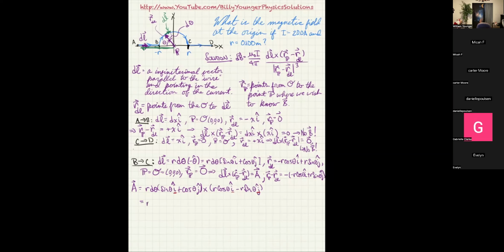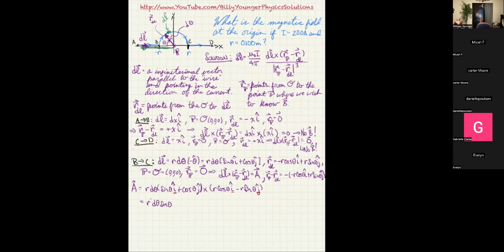So I'm going to get R d theta. That becomes r squared because there's an r in front of the cosine theta over there too. That's sine theta. R d theta becomes r squared. Let me make this a little better. Becomes r. I left a space where I'm going to come back and put the r squared in a second. So it's going to be d theta sine theta.